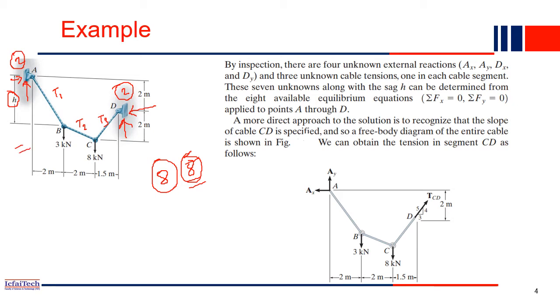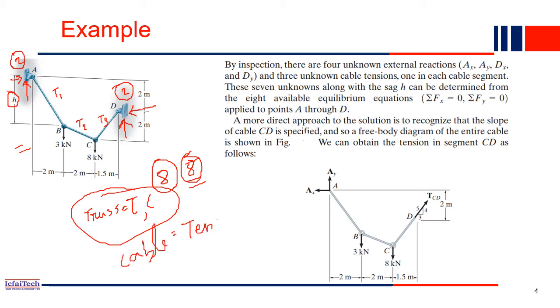Now if you recall, we discussed truss analysis. A truss member has similar properties to what we discuss here for cables. But the only difference between a truss and a cable is that a truss member can take tension as well as compression, whereas a cable structure can take only tension; it can't take any compression force.